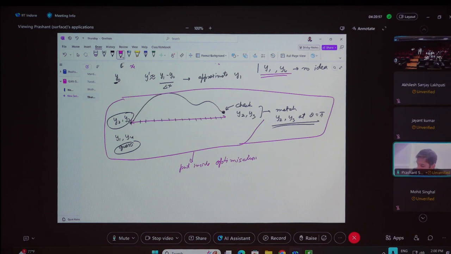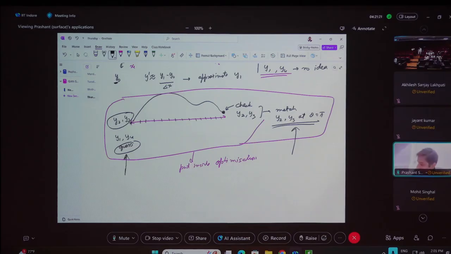So you basically keep on trying out different guesses until the value matches. And obviously this trying out of different guesses is not a random process. You follow a nice optimization routine, which converts it into an optimization problem that does another set of minimization, which I'm not going through in detail.